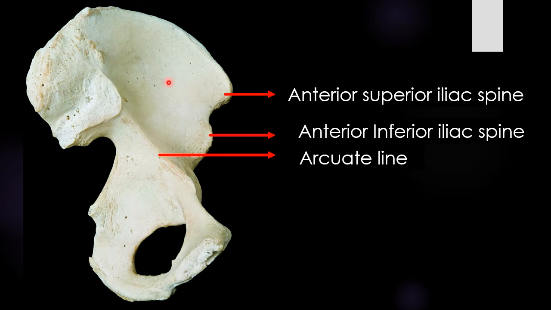They may ask how it separates the pelvic cavity: it separates it into the upper greater pelvis and the lower lesser pelvis. The upper part is called the false pelvis, the lower part is called the true pelvis. You can answer like that in your examination.